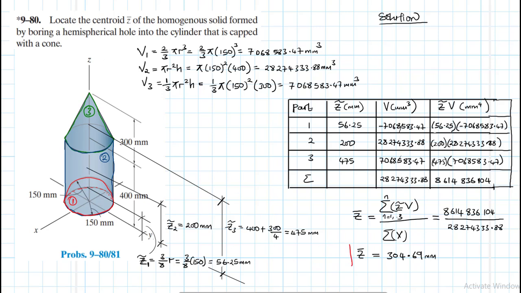Alright, let's show it here. Let me outline this final solution. We are saying it's 300, and so it's going to be a little bit on top, somewhere there, right?